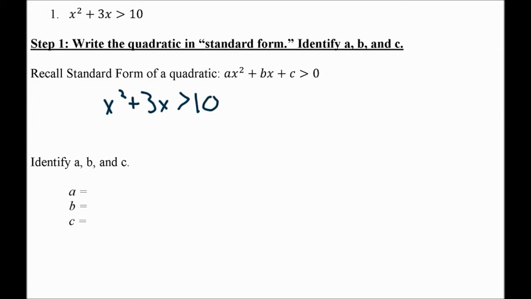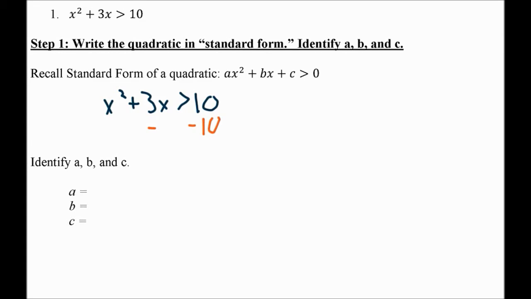Now I need to get this 10 to the other side, because you can see that all of my terms need to be on one side of the inequality. And remember, this is how it needs to look when I am solving quadratics by factoring. So I subtract 10 from both sides.